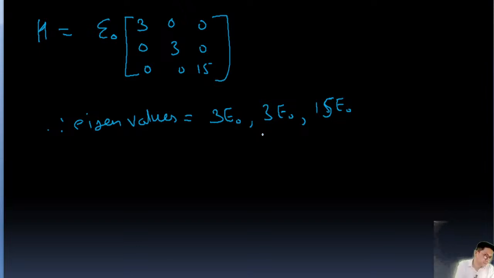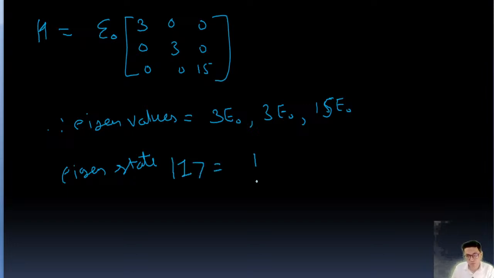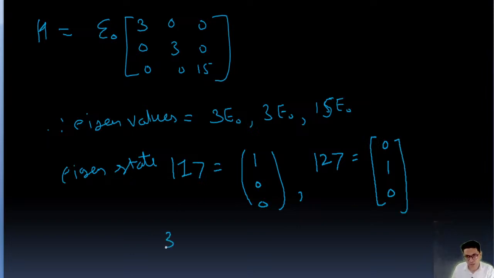Now these are the eigenvalues, and the eigenstates, or eigenvectors, are these. State 1 equals 1 0 0, state 2 is 0 1 0, and state 3 is 0 0 1.